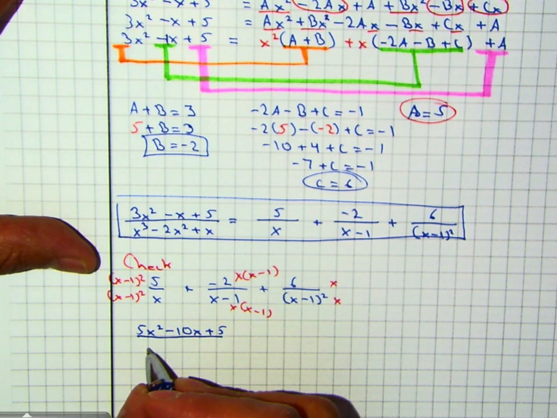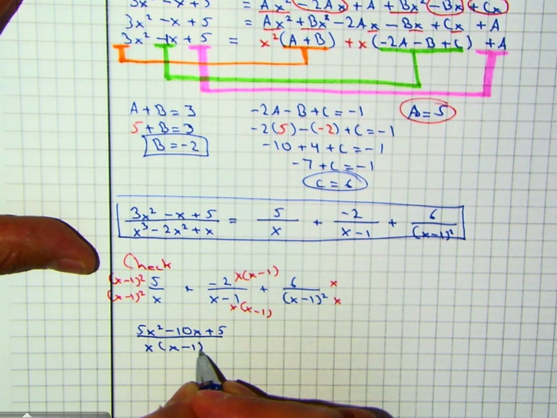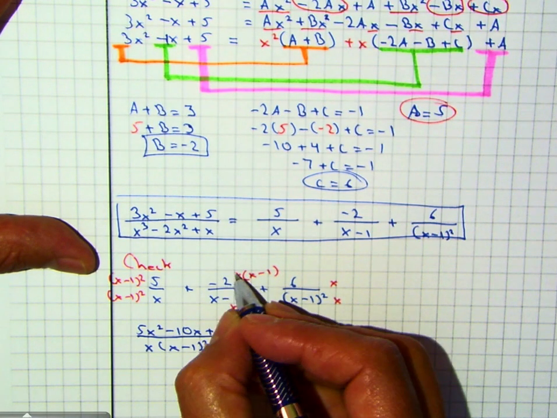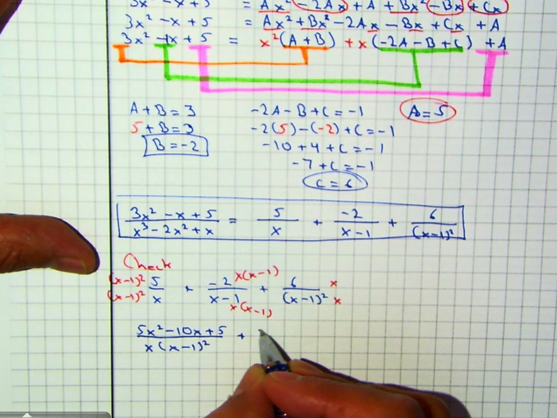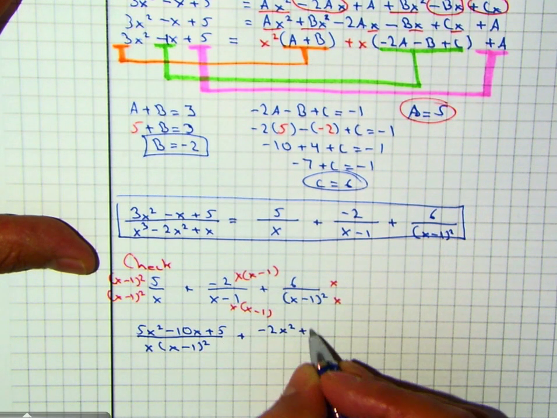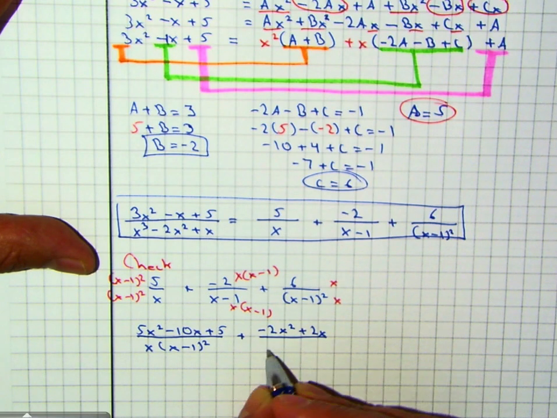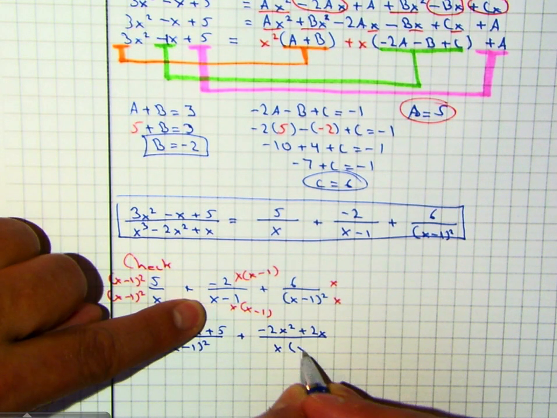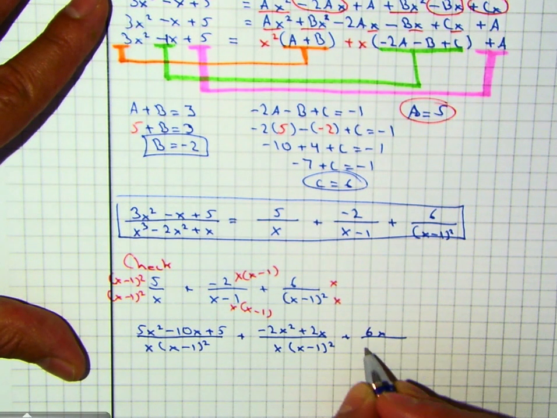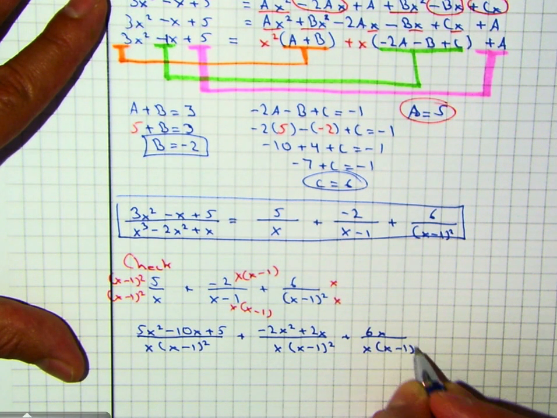And I'm going to keep my denominator as x times (x minus 1) squared, plus negative 2x times x gives me negative 2x squared. Negative 2x times negative 1 is positive 2x, over x and (x minus 1) squared, plus 6x over x (x minus 1) squared.